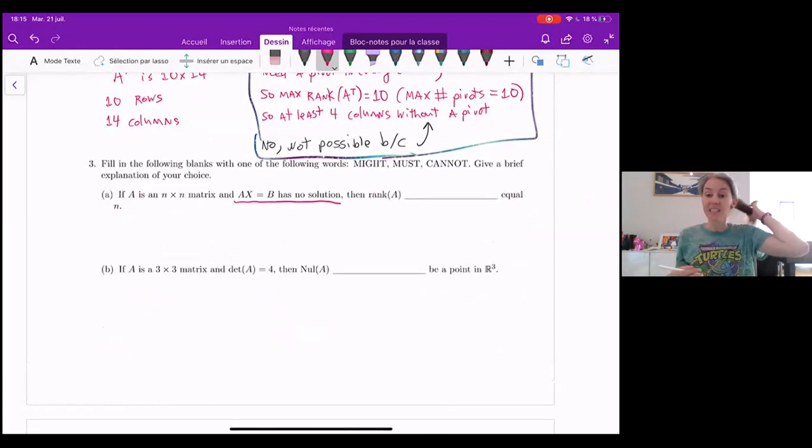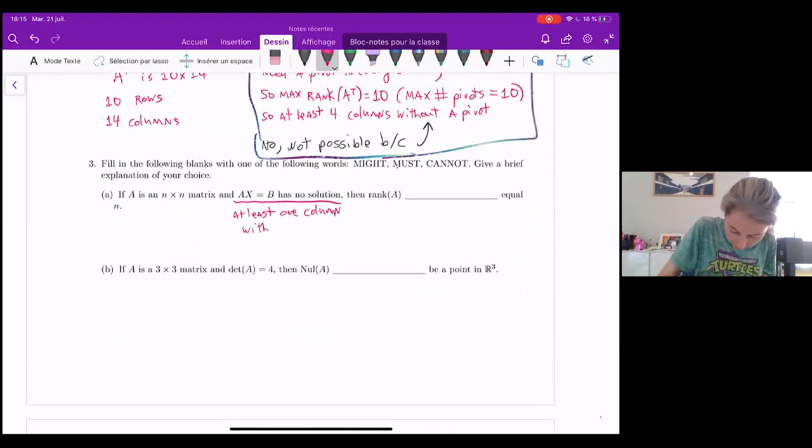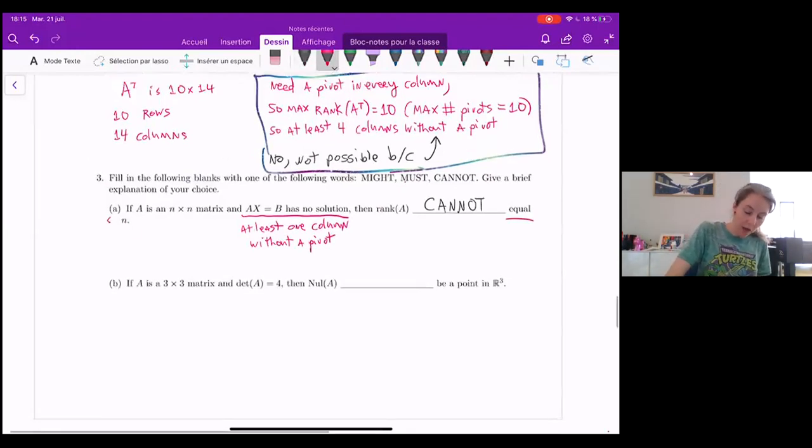What this means is, hands down, there's at least 1 column without a pivot. Which means that the rank cannot equal n, because in order to equal n, this would mean that there are n pivots, which would mean every column has a pivot.